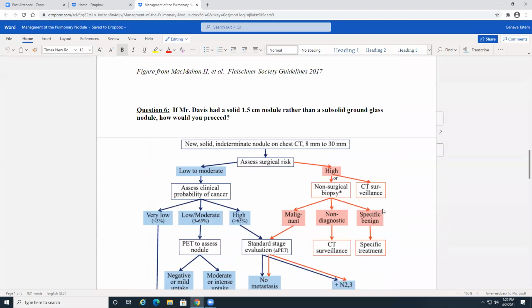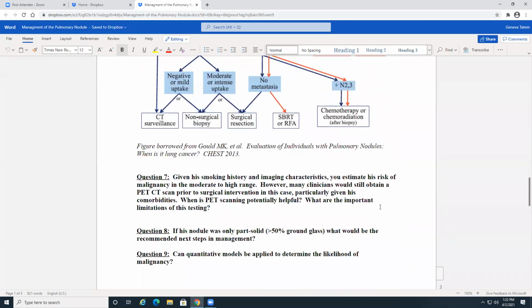And then our final question for this dialogue: can quantitative models be applied to determine the likelihood of malignancy? And certainly you all have already talked about that, and that is exactly right. There's a lot of web calculators that can help you with this. The Brock cancer prediction model is probably one of the most common ones that we use.